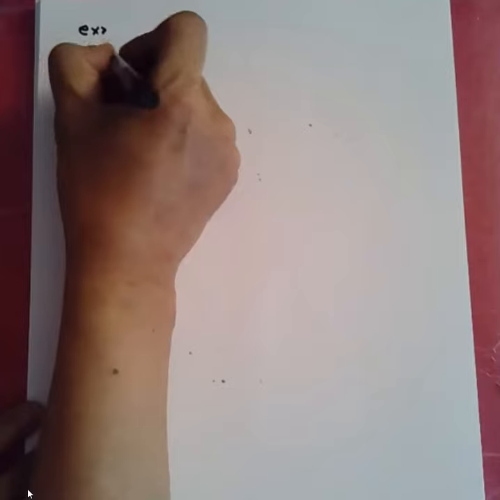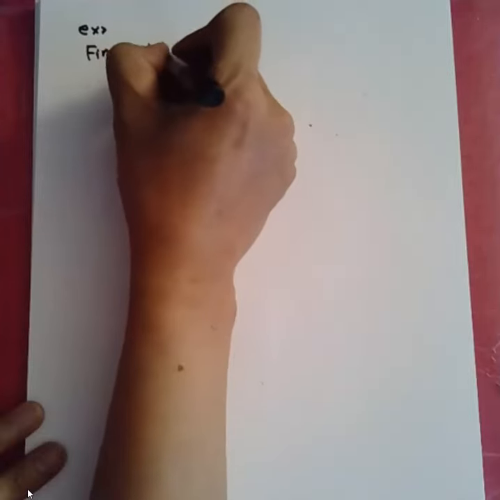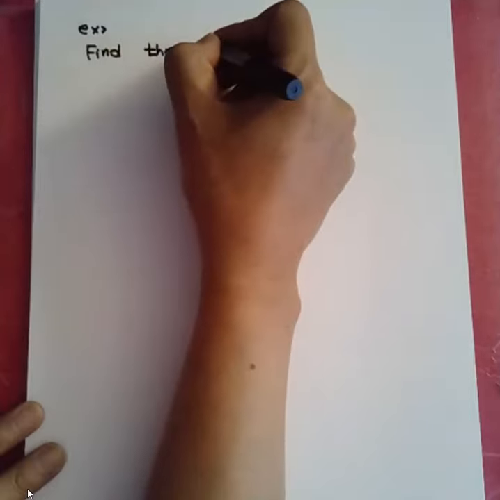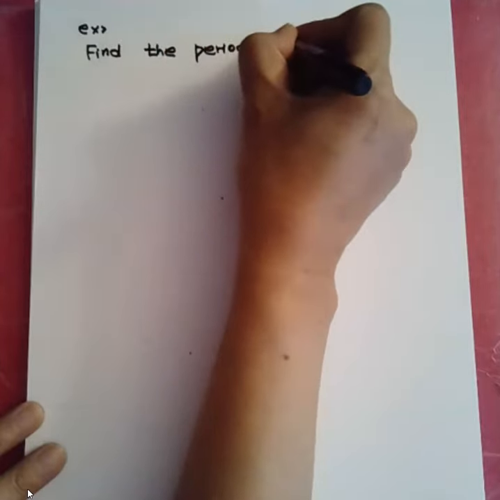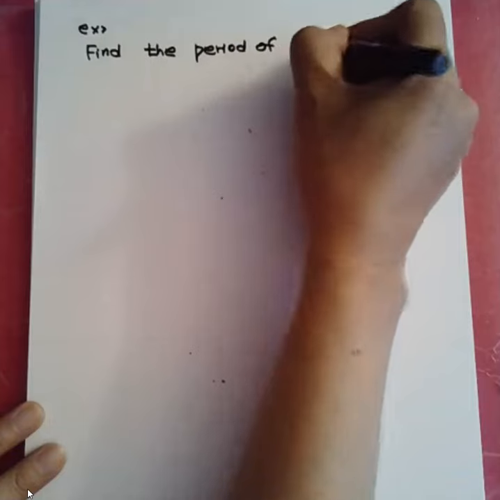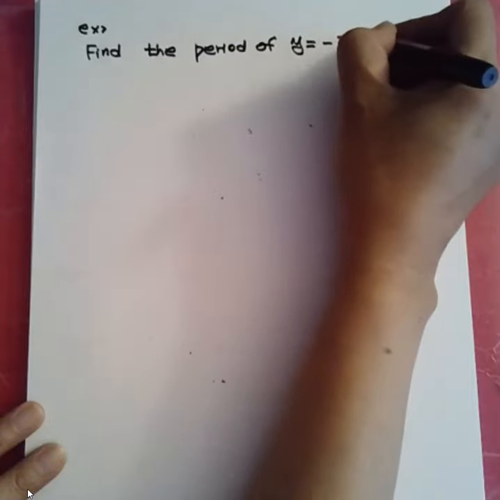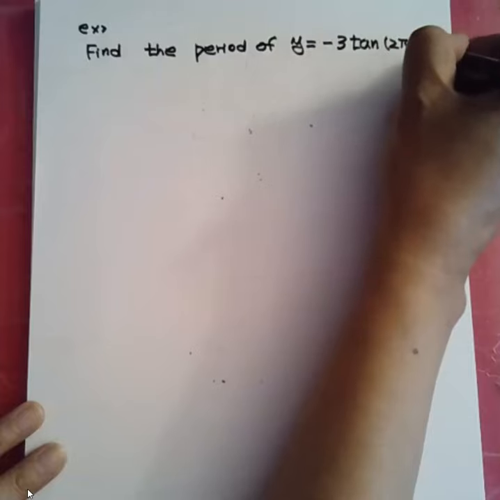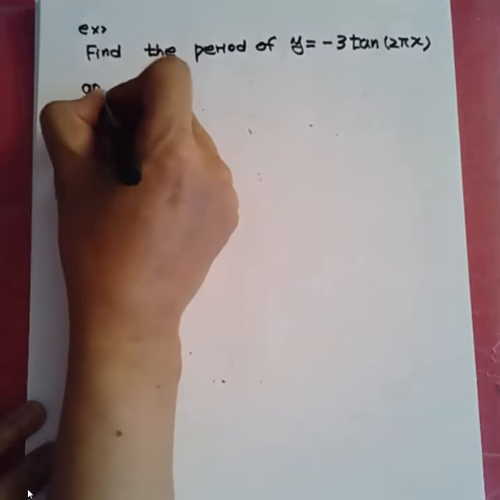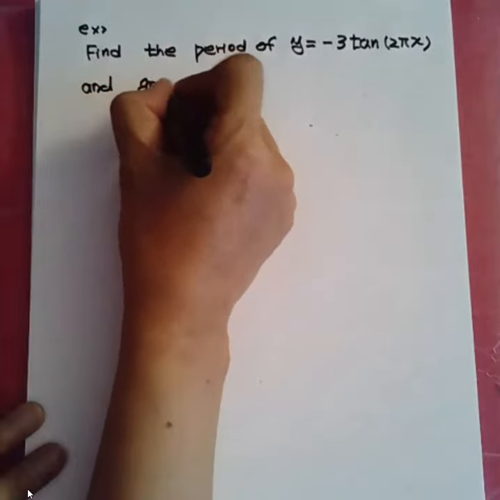The next problem is finding the period of y equals minus 3 times tangent of 2 pi x and graph it.